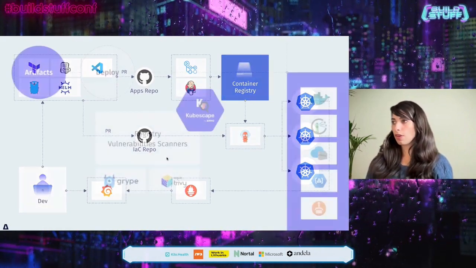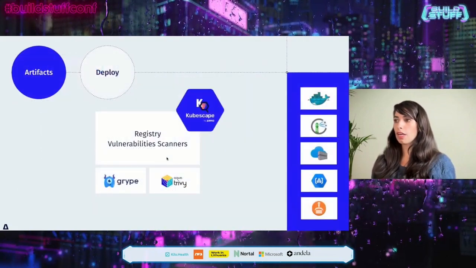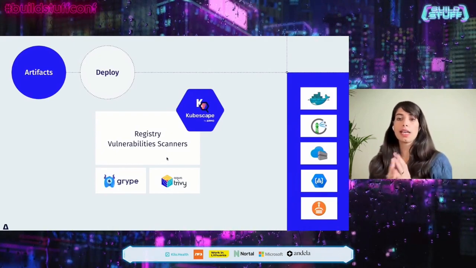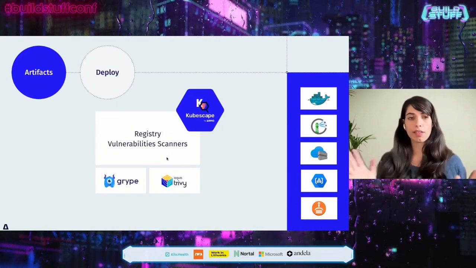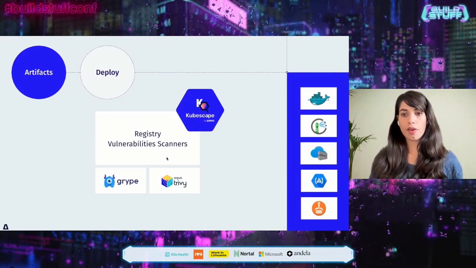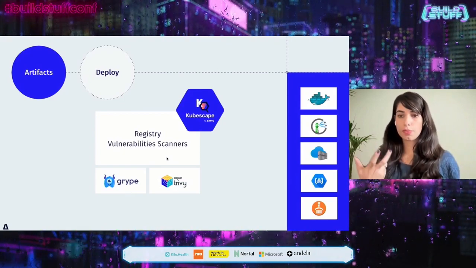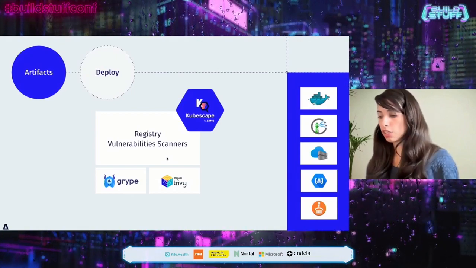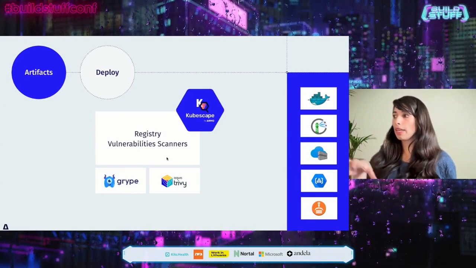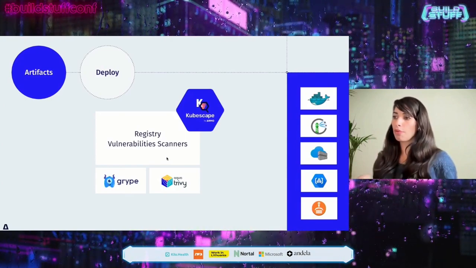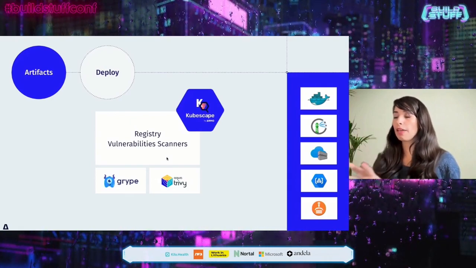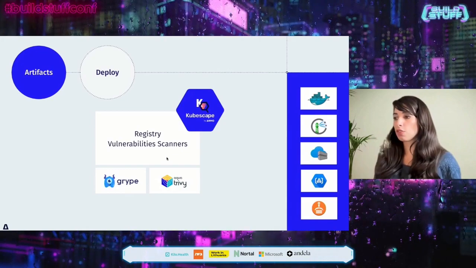Also in the container registry, we're finding some tools that are scanning the registry ahead. Of course, that should be part of your pipeline, right? Before you're deploying, make another step of scanning the registry. Just put the link and the credentials if needed, if it's private or if it's public. And the main products that are doing that are Aqua Trivy, Grype, and Kubescape. Basically, I use all three of those.